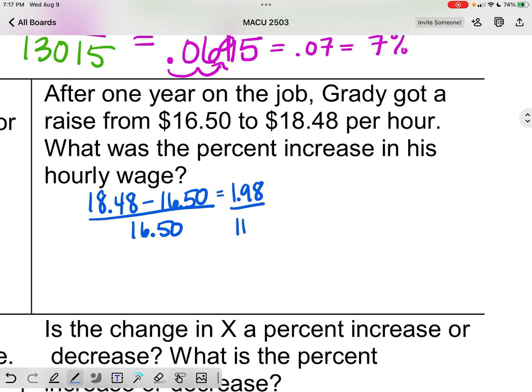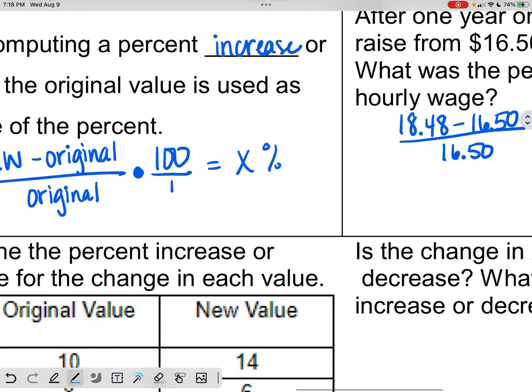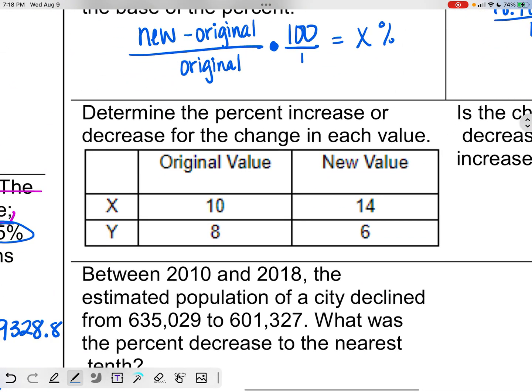My brain, come on, dude. Okay, and then dividing. Okay, don't stop. Percent, right? So this is equivalent to 12%. We multiplied it by 100, 2 places to the right.